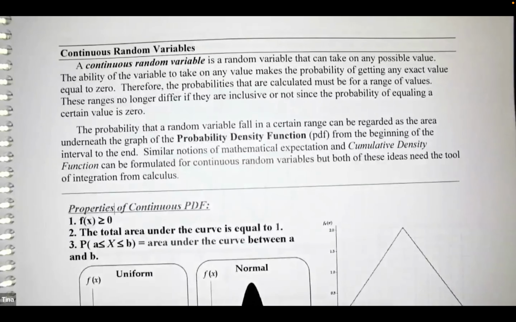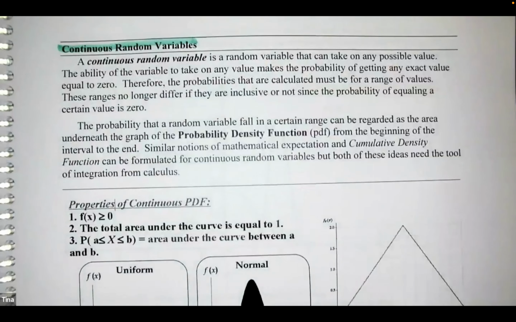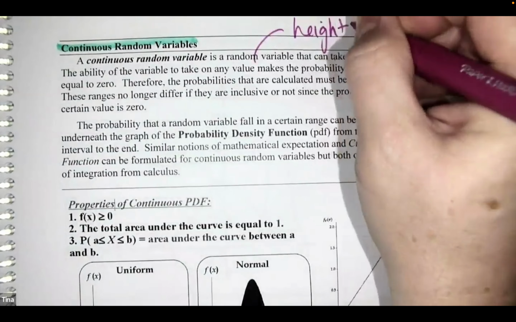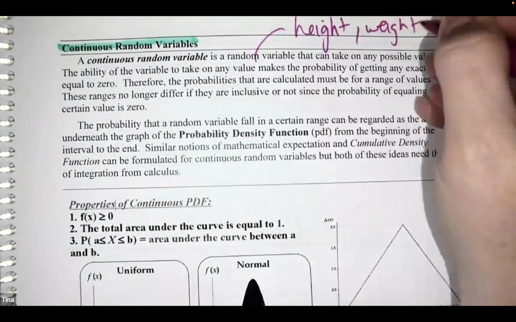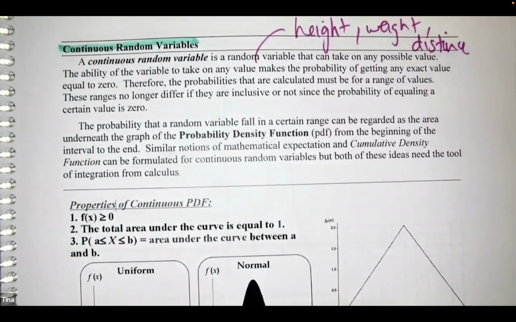All right, so the next part is switching now to continuous random variables. So no longer discrete, like things like a die, but now things that are continuous. So, continuous random variables, we might be studying height or weight or distance, right? It's not like a dice where we can only roll 1, 2, 3, 4, 5, or 6.